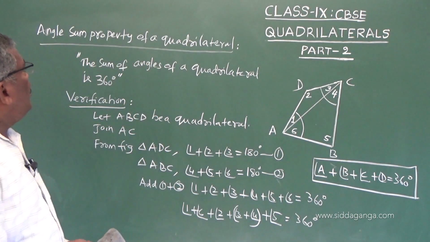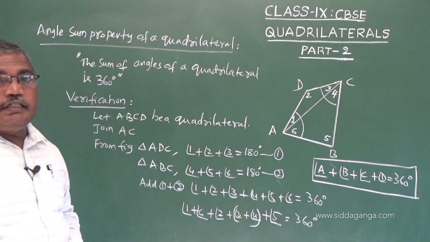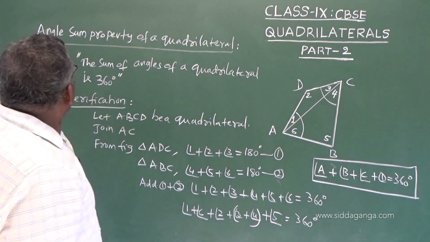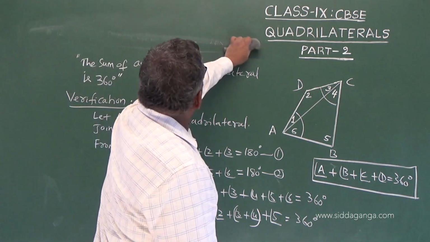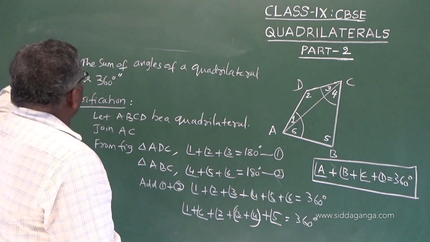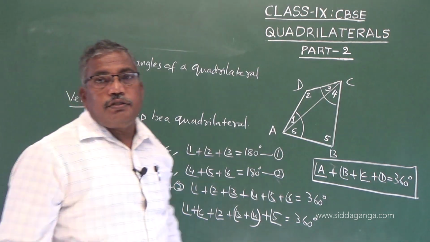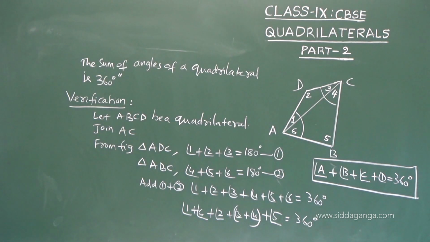The sum of the angles of a quadrilateral is 360 degrees. This is known as the angle sum property of the quadrilateral. I hope you have noted this. Now I will erase this.